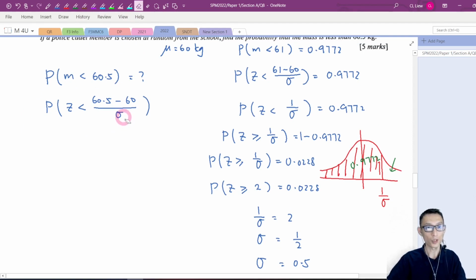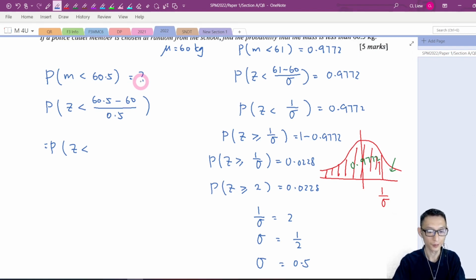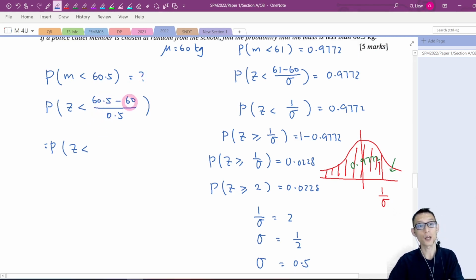Let me change this one to 0.5. Press your calculator, 60.5 minus 60, you will get 0.5 divided by 0.5 is equal to 1, right?